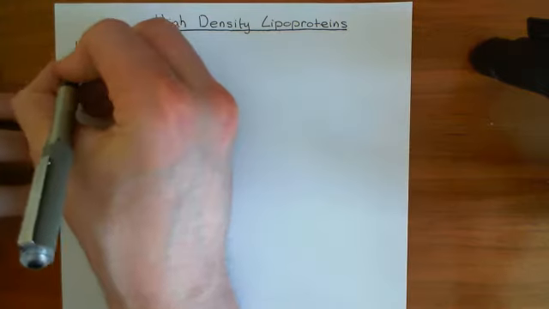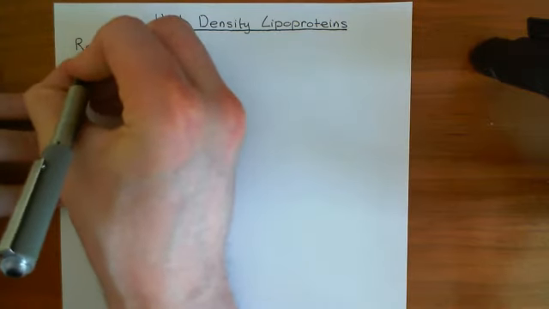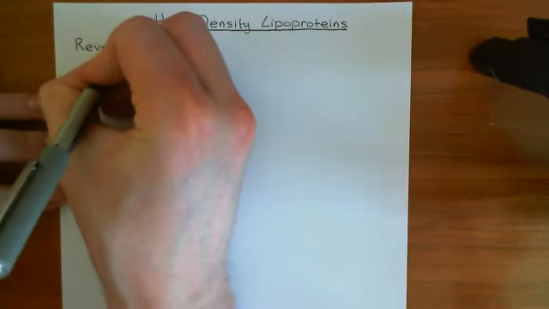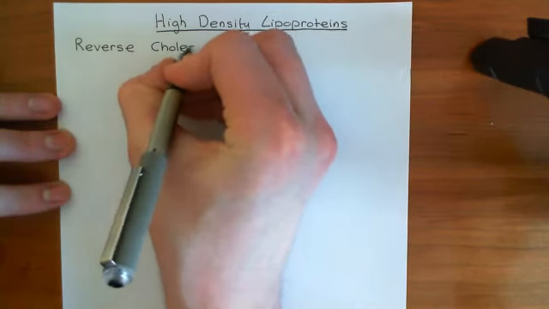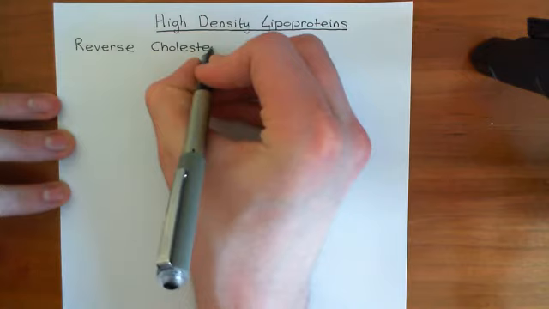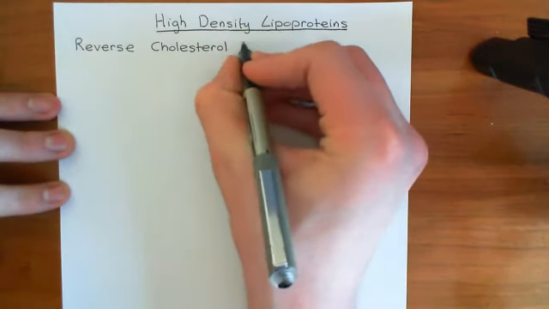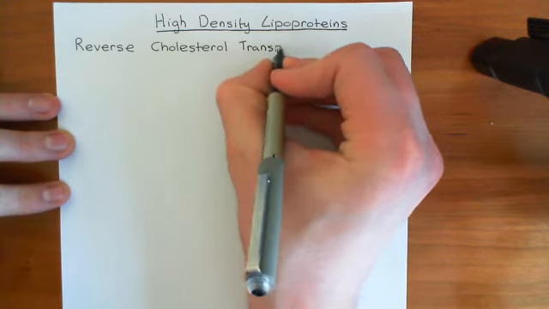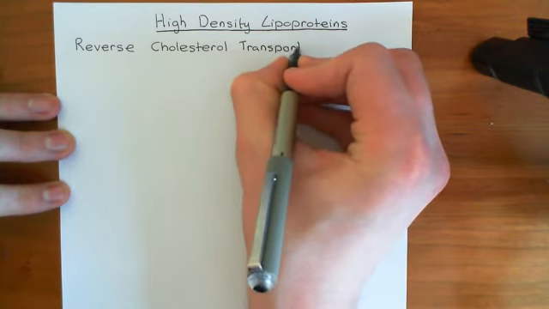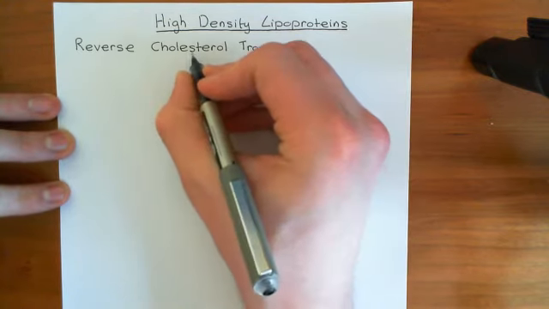Okay, so the one-liner that sums up what reverse cholesterol transport is, and what the role of high-density lipoproteins is within the human body, is that it is the transportation of cholesterol from peripheral tissues to the liver.